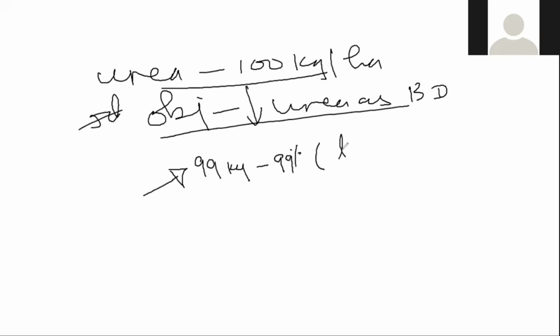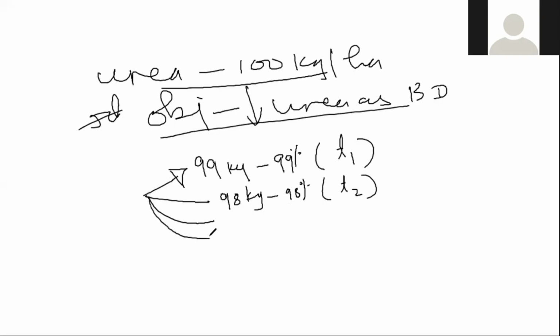The second one is you are applying 98%, so 98 kilogram per hectare. I'm putting everything in detail, right? Likewise, we can reduce the urea percentage gradually.